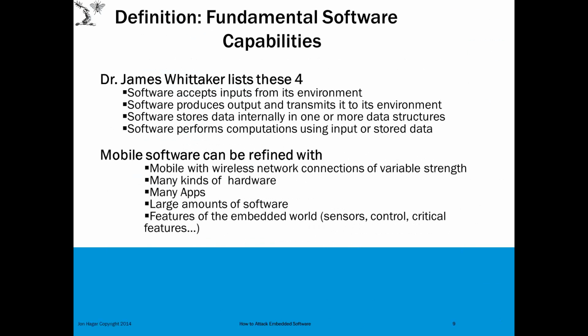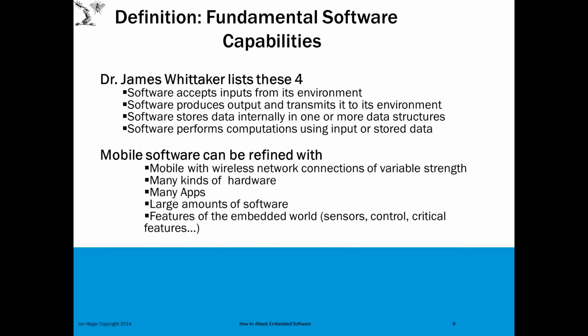I mentioned James Whitaker now several times. He defines four basic capabilities that all software has. It accepts inputs, it produces outputs and transmits them to the environment, it stores data internally, and it performs some kind of computation. And we see in the security world people attacking all these areas in one way or another.